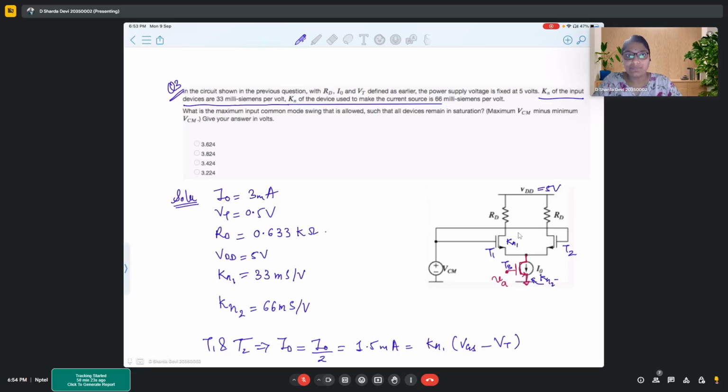Yes, ma'am. And what is Kn, ma'am? Kn is basically, we know, ID equal to Kn (Vgs minus Vt) whole squared. Kn is the constant, the basic constant that we have. Is it a saturation current? No, it's not a saturation current. Kn is mu n Cox W by L. In some books, instead of Kn, they mention beta n.